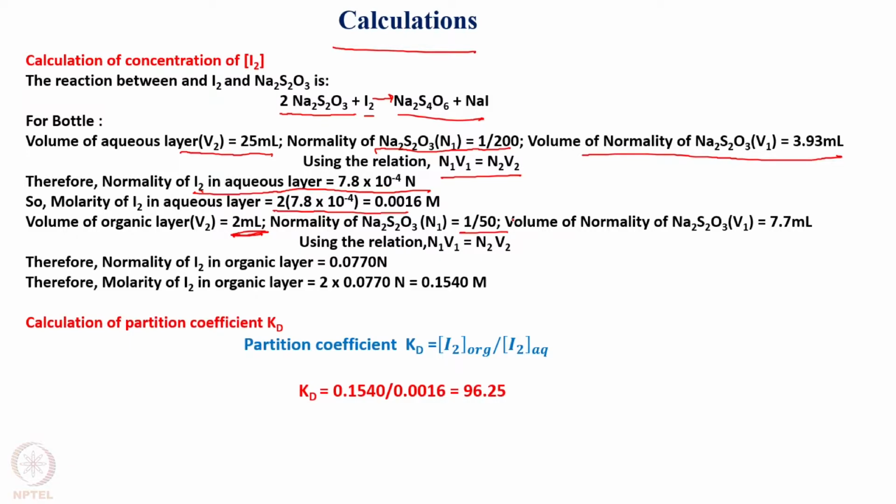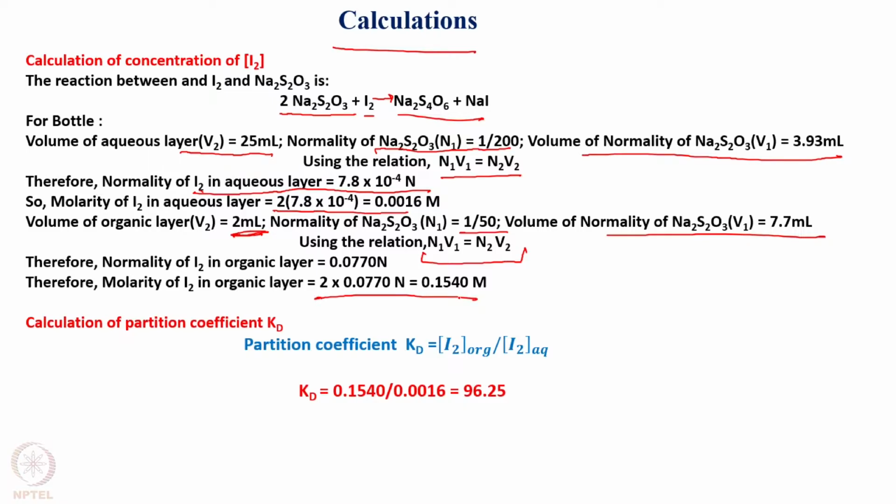After this, the titration of the organic layer was carried out, which was 2 ml, and the normality of sodium thiosulfate that was used for titration is N/50, and the titer value obtained was 7.7 ml. So, again using the normality relation, we can calculate first the normality and then the molarity of iodine in the organic layer.